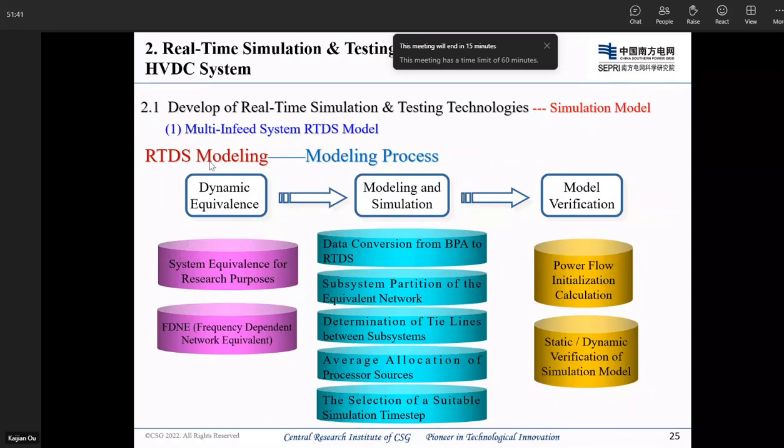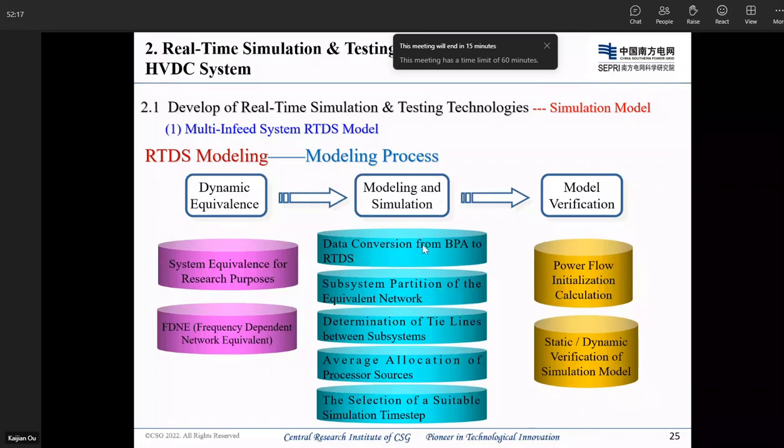For the dynamic equivalence, we also have two kinds, such as system equivalence for this purpose, and sometimes we use FDNE. FDNE is frequency dependent network equivalence.